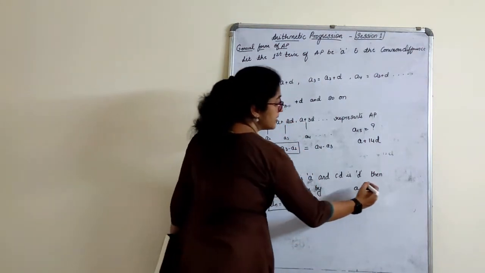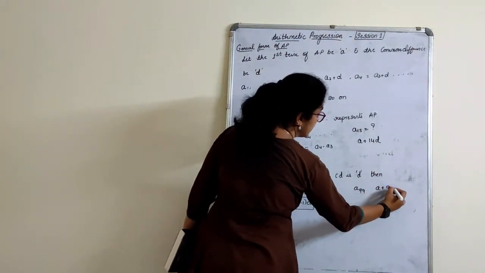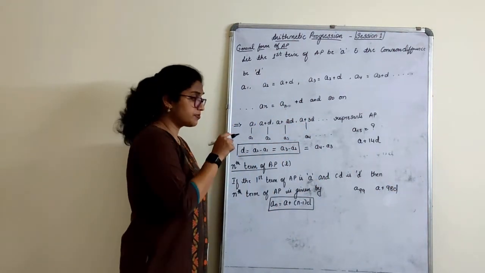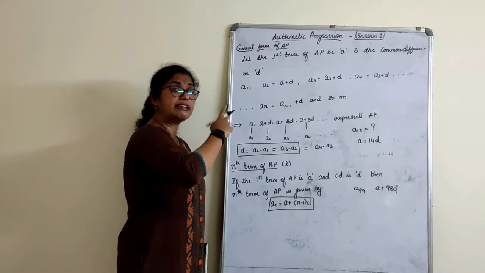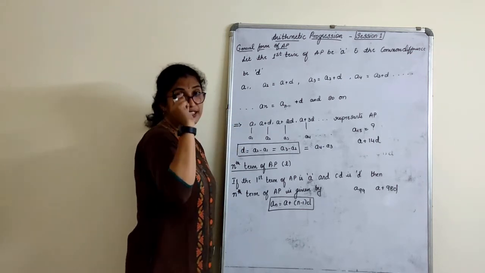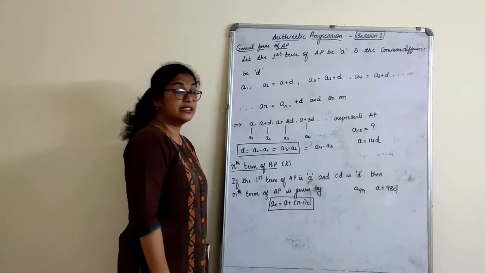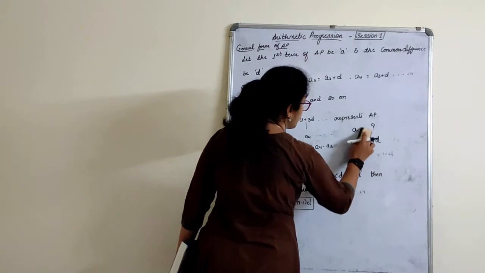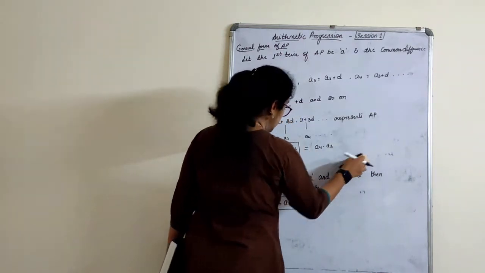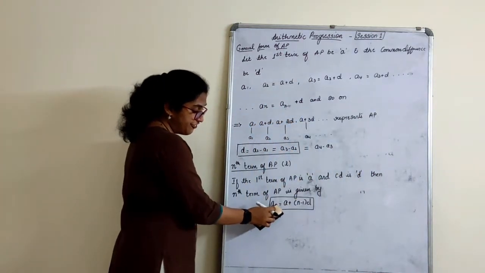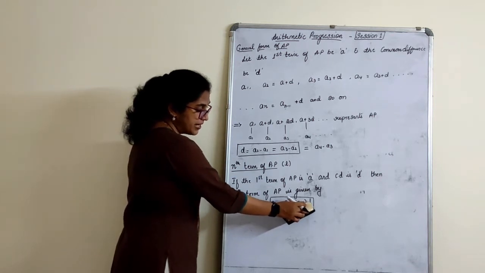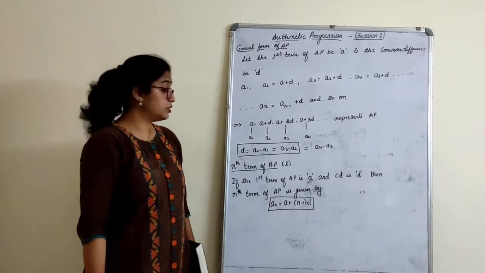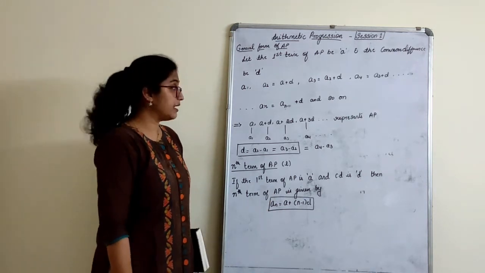You can write this as a plus 98d. To the first term you add 98 times the common difference, and you get the 99th term. Right? You'll understand much more once we start with the numericals. The main thing to remember: I want to find the fifth term here, a plus 5 minus 1 is 4 only. That is what we are doing here.